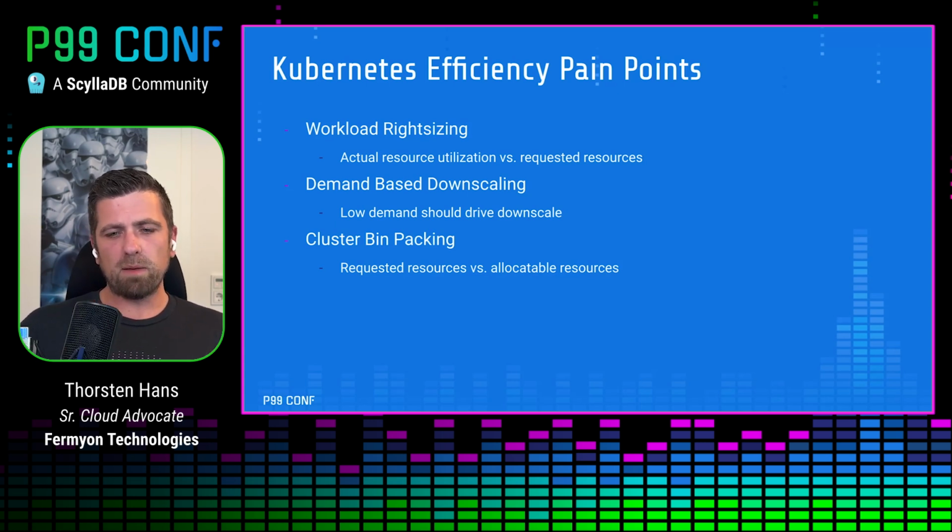If you build an application, you have to specify resource requests and resource limits for all your workloads that you deploy to a platform like Kubernetes in order to make it efficiently work in the way it's supposed to work. However, it's super complicated to come up with reasonable resource requests and resource limits that actually align with those resources that our application requires while running and while facing load.